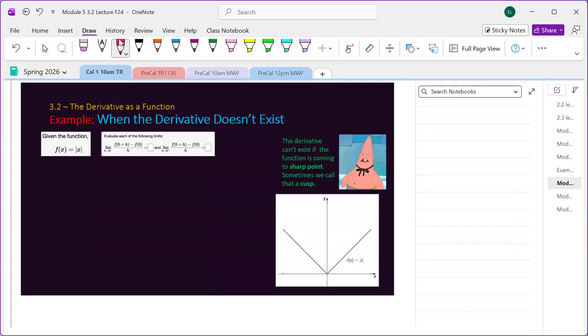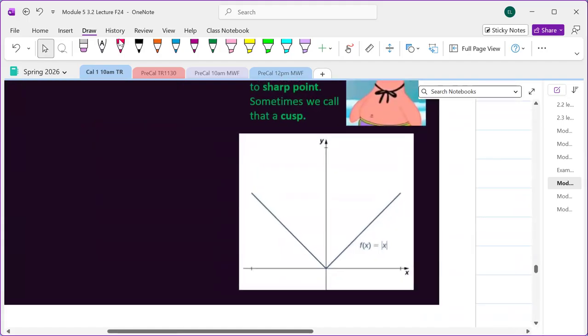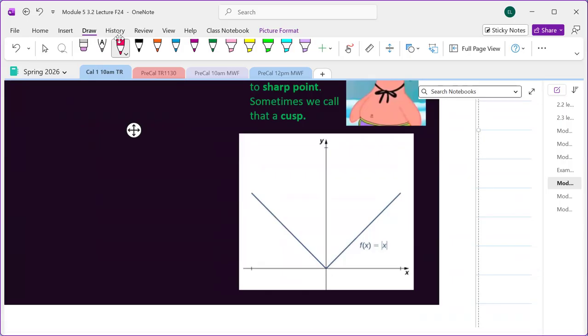So when I look at this graph, and I'm looking at the slope of the tangent line, well, this graph is really just two lines coming together at a point. So when I look on the left side, what's my slope of the tangent line? It's all negative. And in this case, it's a particular number. This is a slope of -1.